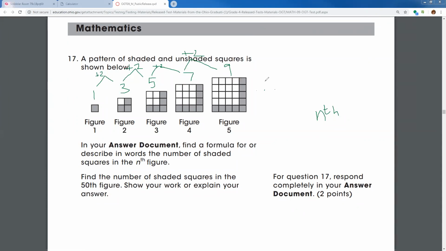So the nth term would be add 2 n times to the very first figure 1. So you could describe it in words like that. To find the nth term, add 2 n times to the original number of 1.